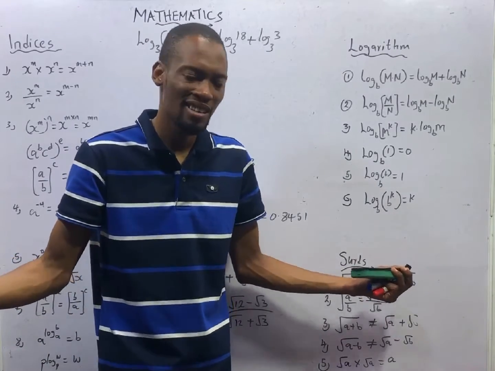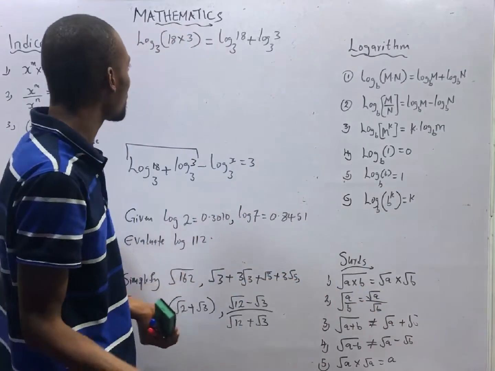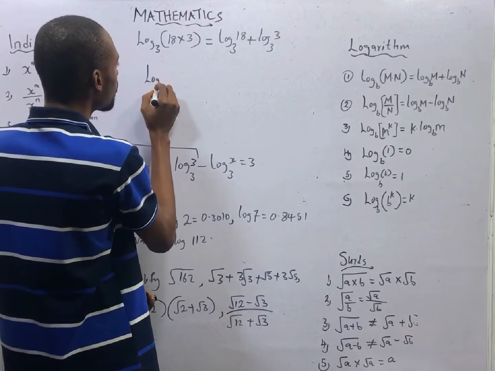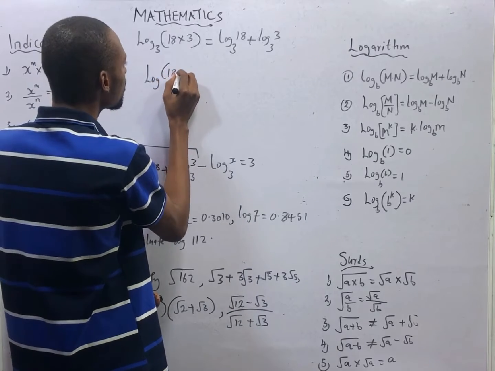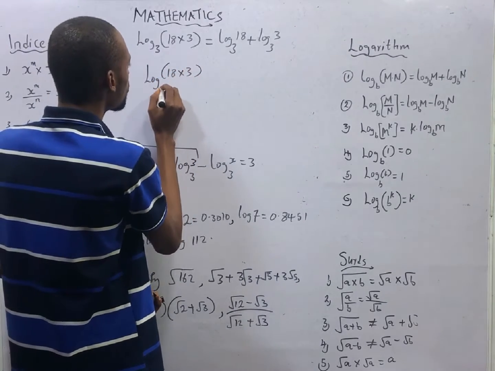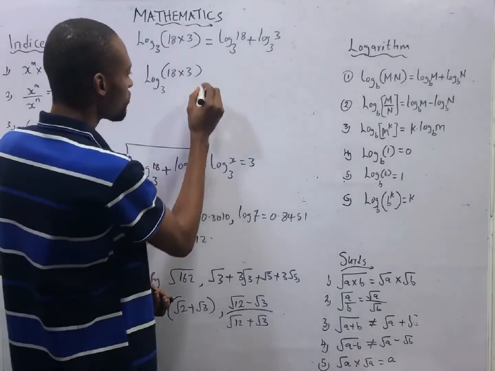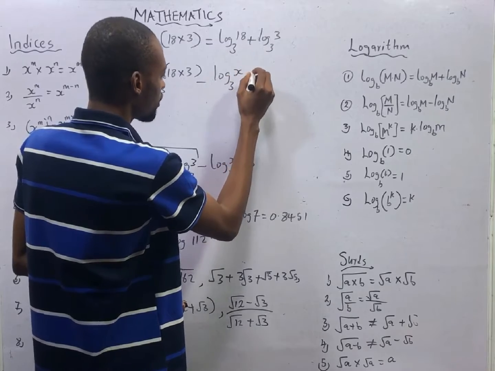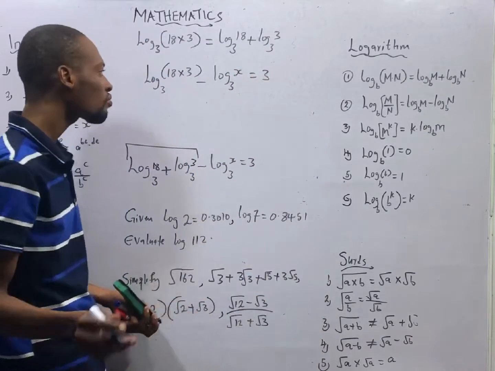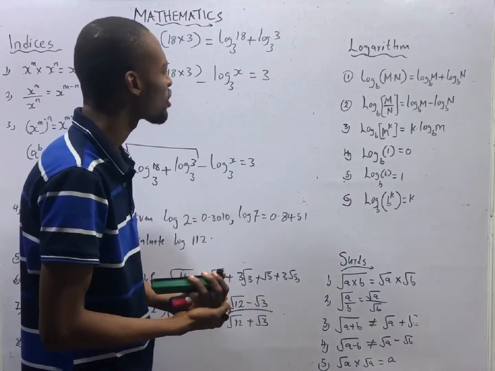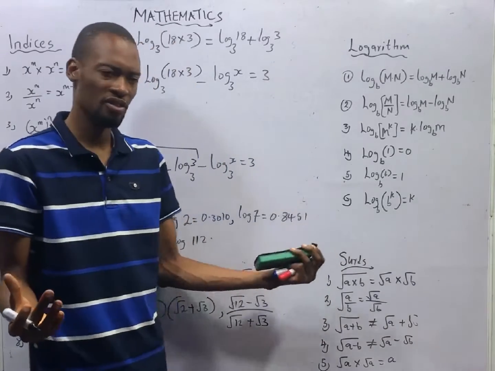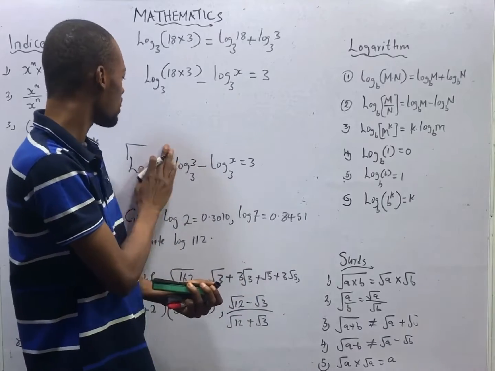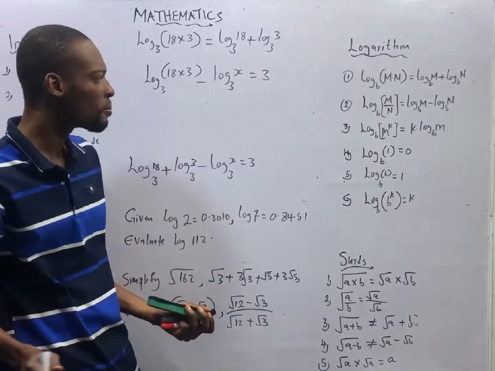That's all. If that is true, it means that instead of here, I can replace it with log 3 of 18 times 3 to base 3. Then here becomes minus log 3 s is equals 3. From here, I can as well apply the law of logarithm. Anytime the bases are the same, just know that the question is not as difficult as it seems.